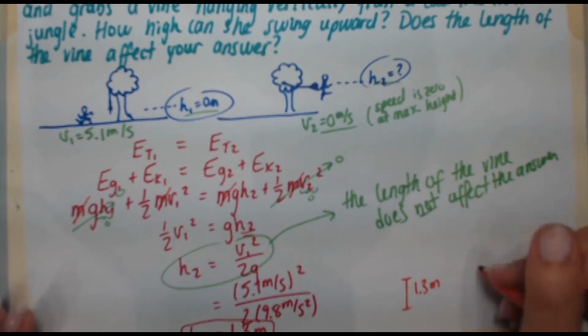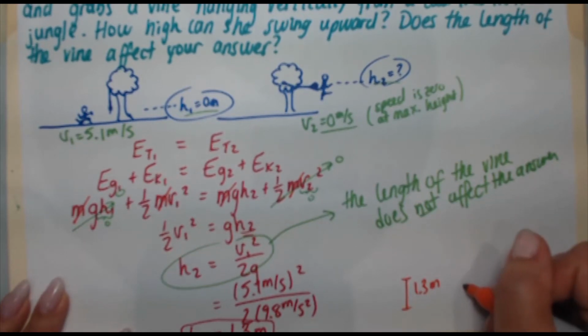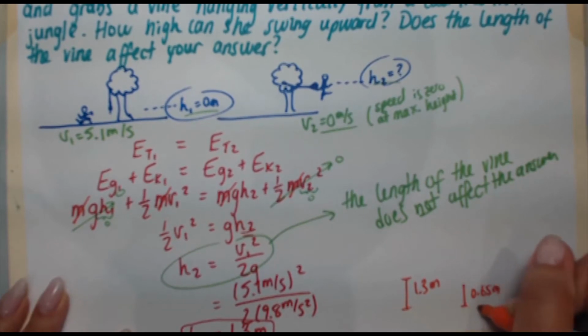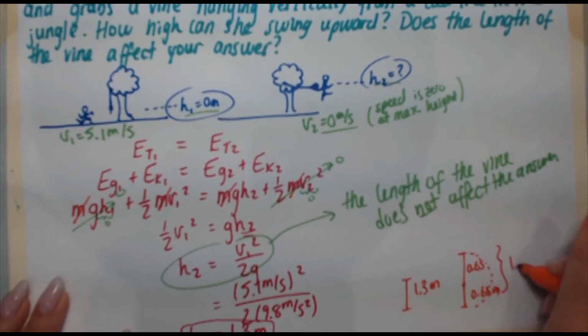Now, if your rope is 0.65 meters long, let's say it was hanging and the rope is 0.65 meters. When you swing up, you can go to a maximum of another 0.65 meters, which is 1.3, right? But if the rope is less than 0.65 meters, let's say it's 0.55 and you swing up, the maximum you can achieve is now 1.1 meters.